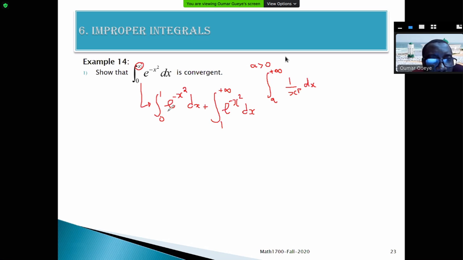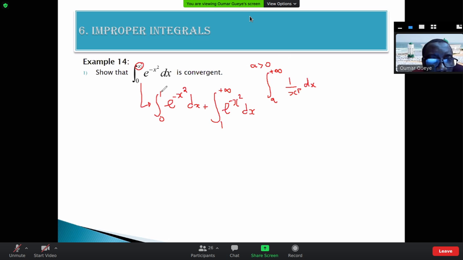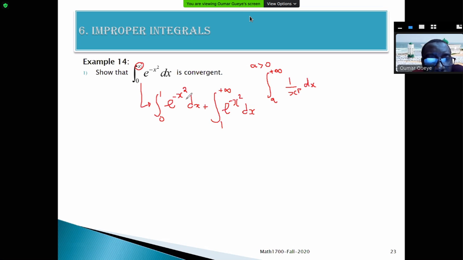Type 2 means we have a number between 0 and 1, 0 and 1 included, where the function is undefined. Is there any number like that?